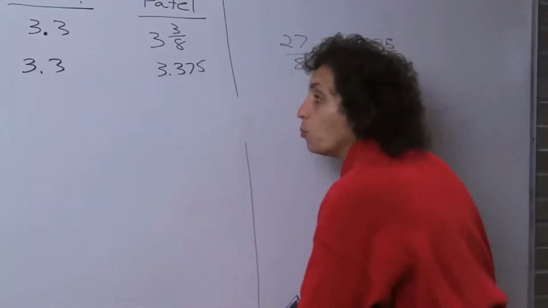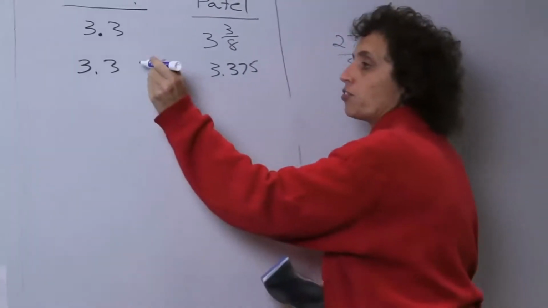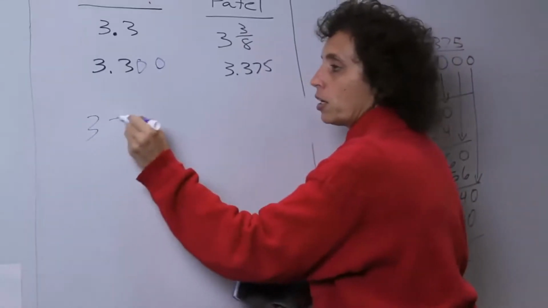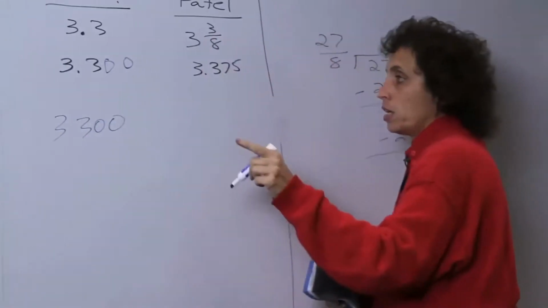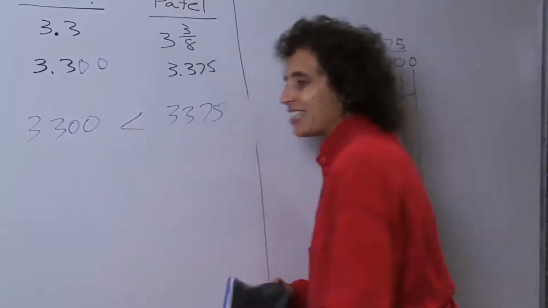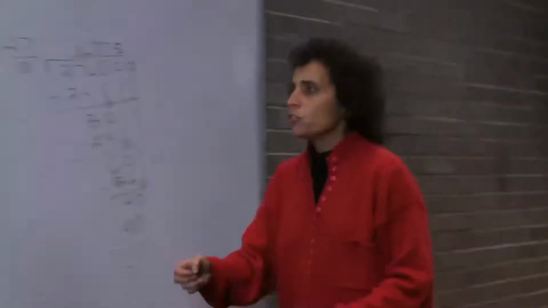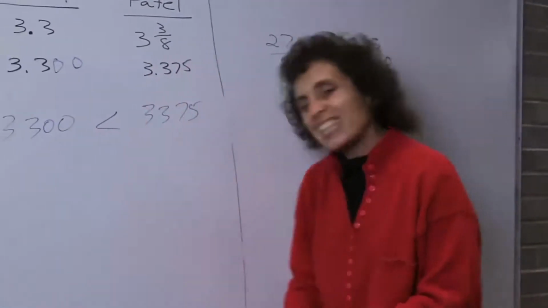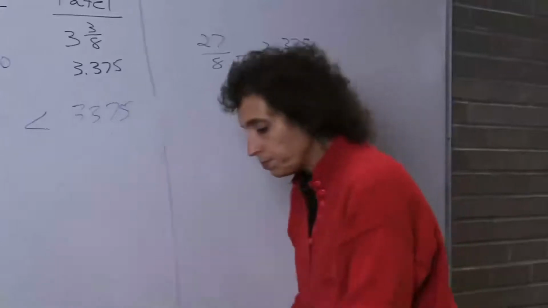So I'm going to add 2 more decimals so I have the same number of decimals. So we have 3.300 and we have 3.375. So this is less than that. So this is what the newspaper said. This is what Patel had wanted. So it was actually less than what Patel had hoped for.